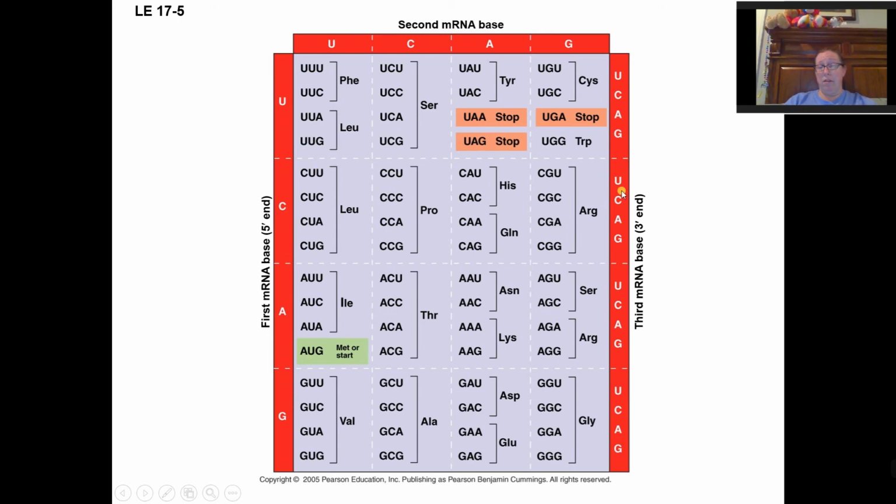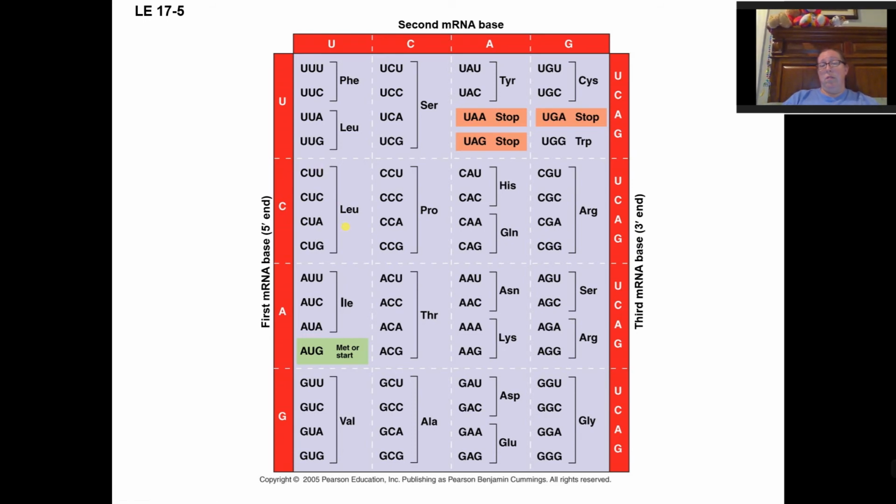If the third letter is a U, then I have CUU, which corresponds to leucine. Three other codons, another codon, another codon, another codon, correspond to leucine, okay? And that's what it's talking about.